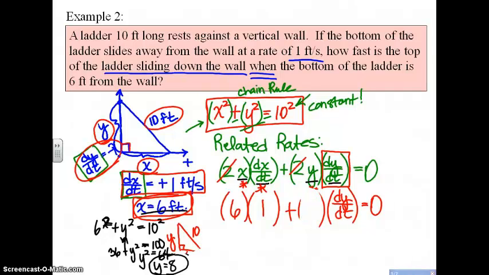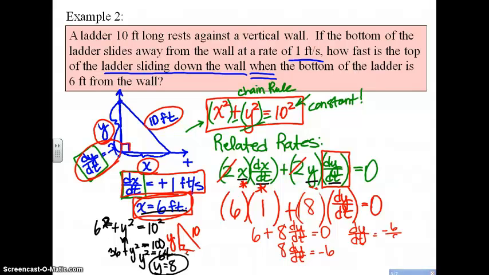So we're going to come back over here, and we're going to plug in 8. So we have 6 plus 8 dy/dt equals 0. So 8 dy/dt equals negative 6, and dy/dt equals negative 6 eighths, which reduces to negative 3 fourths.